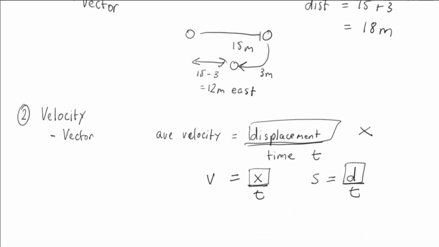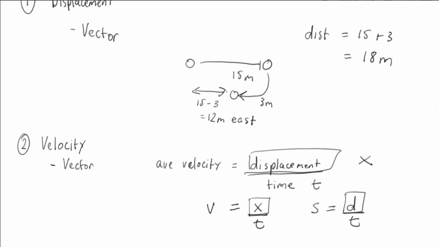So let's go back to our example above, where we were talking about the difference between distance and displacement. We saw that the distance that this object, we'll call this object A, covered in a period of, let's say, 5 seconds, was 18 meters, and the displacement was 12 meters.